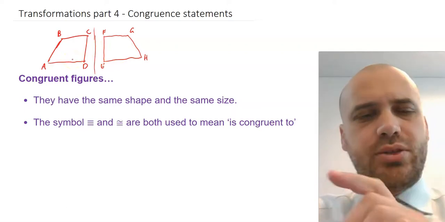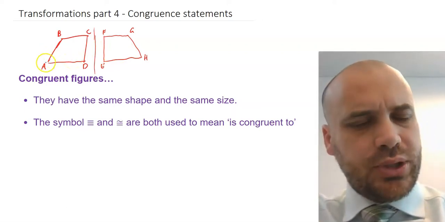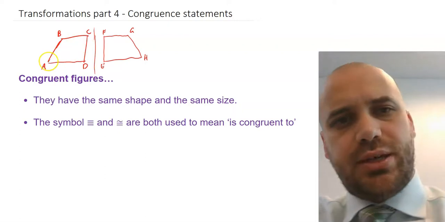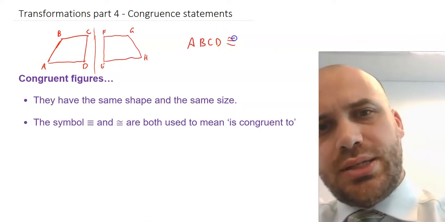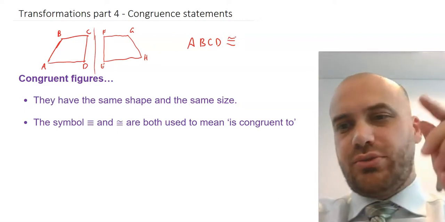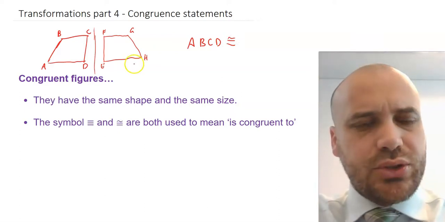Alright, so we can make what's called a congruent statement when it comes to these two here. And the way to do it is to match up, well, let's call this first object A, B, C, D. And we can say that ABCD is congruent to three lines. And then we just need to make sure that we do the first letter first.